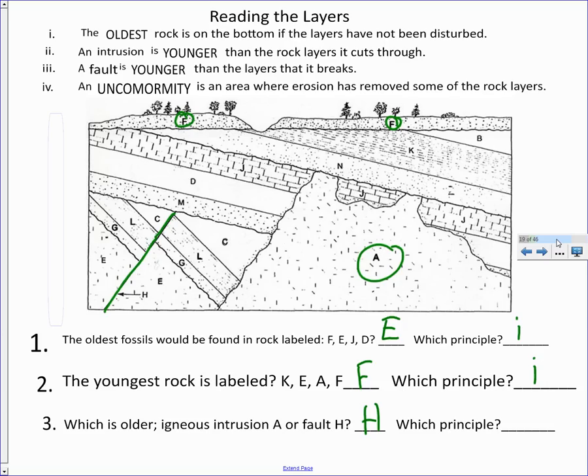What's our main topic, the intrusion or the fault here? If you had to put this question now into an answered sentence, what would you say? Fault H is older than igneous intrusion A, so our main topic again is the fault. So what's our reasoning now?